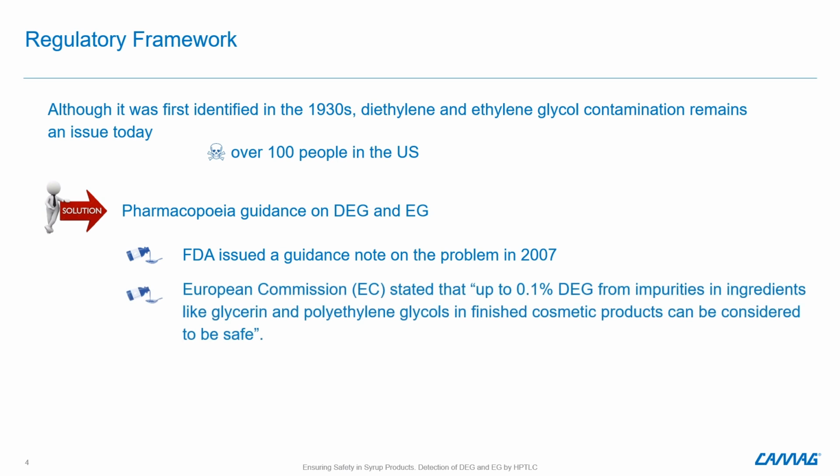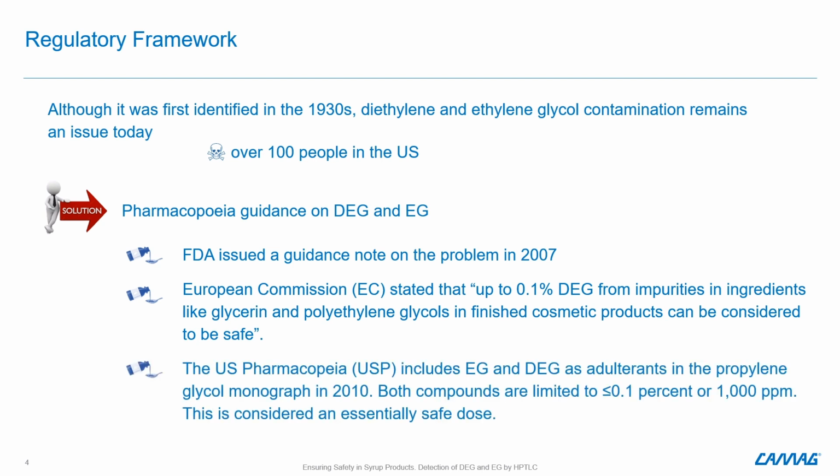The European Commission allows up to 0.1% DEG from excipient impurities. USP updated its monograph on propylene glycol in 2010, limiting DEG and EG to 0.1%. Despite this safeguard, enforcement and detection remain key challenges, especially in low-resource settings.